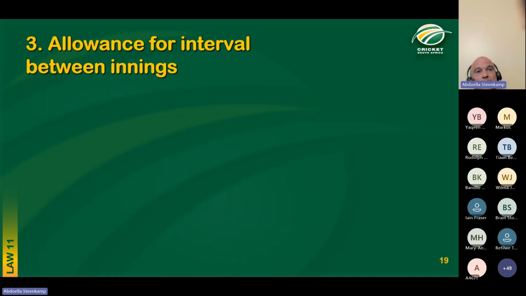What the lawmakers also decided was to bring a bit of flexibility when it comes to the timing of certain intervals. We saw in previous slides that our lunchtime is 12 o'clock, tea time is 14:40.